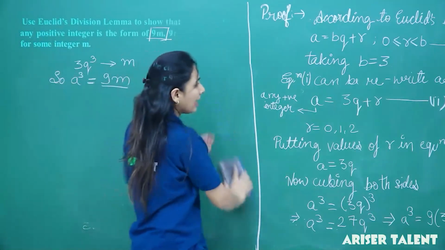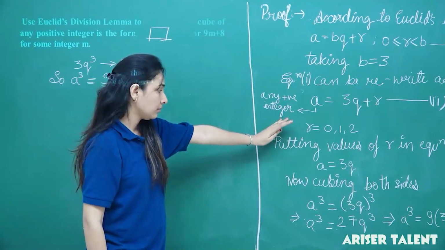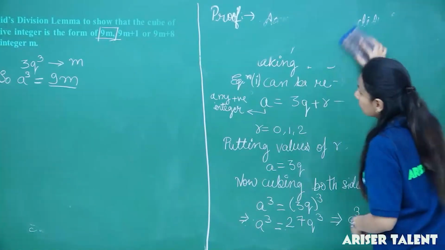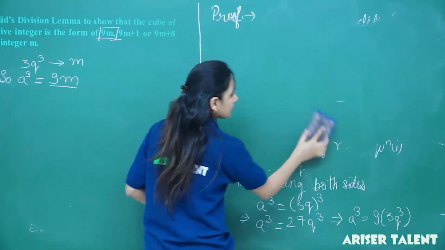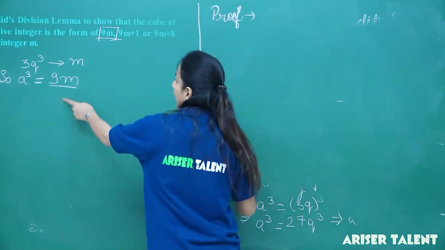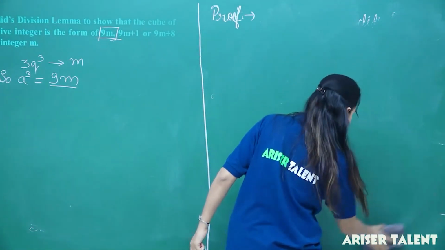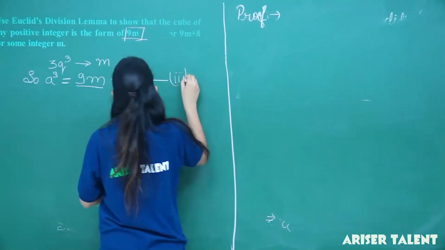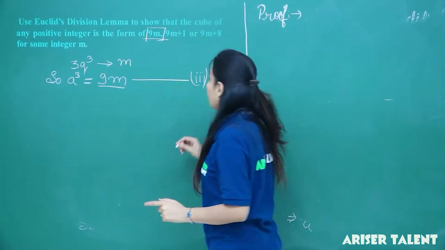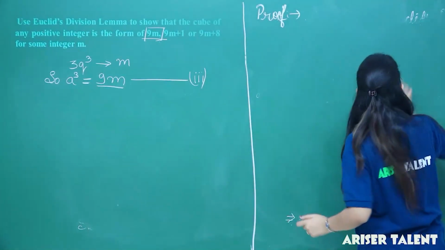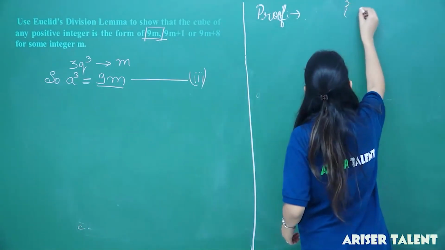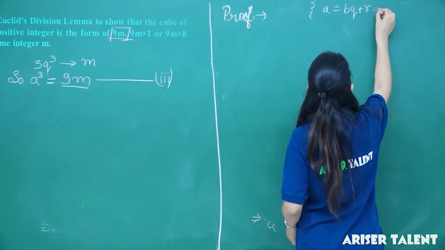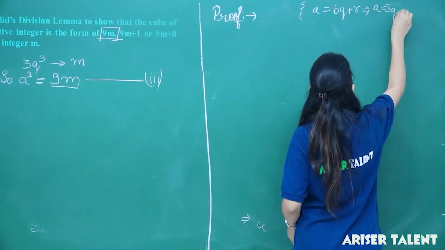Now I am rubbing this part, note it. So we have our third equation here. Now we have that one equation here, a equals bq plus r, equals 3q plus r.